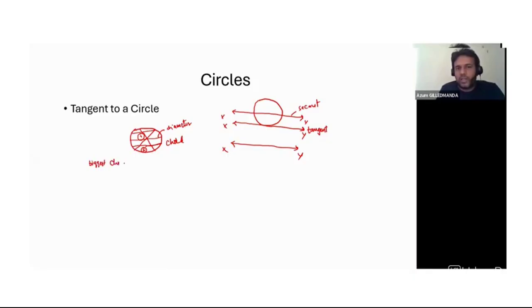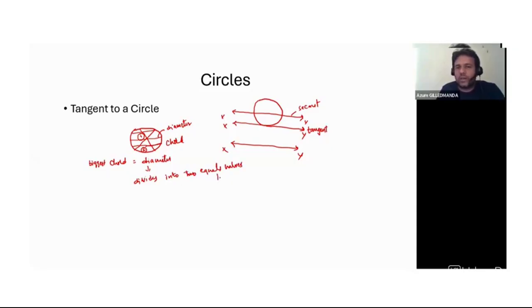So the biggest chord is a diameter. And what does a diameter do? A diameter divides the circle into two equal halves. What are those equal halves called?